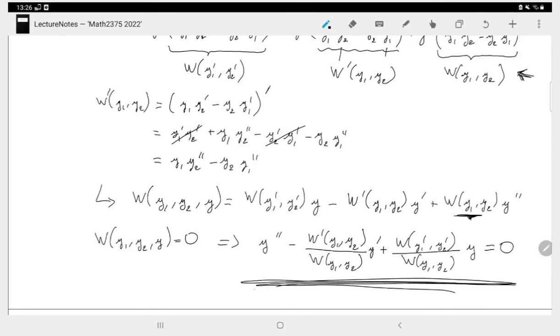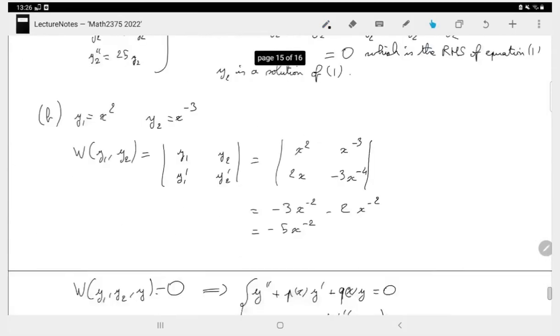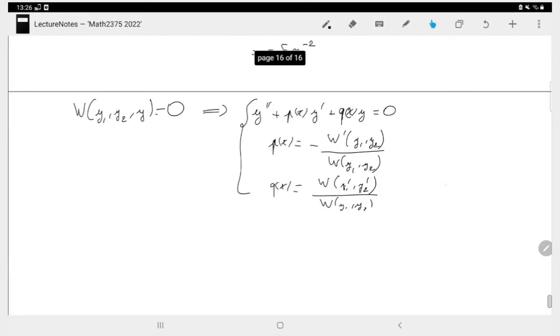It takes a bit of time to write, but I guarantee you that just by doing the calculation, you learn the structure of this equation, and these terms, P and Q, would then come to you without having to memorize them. Okay.